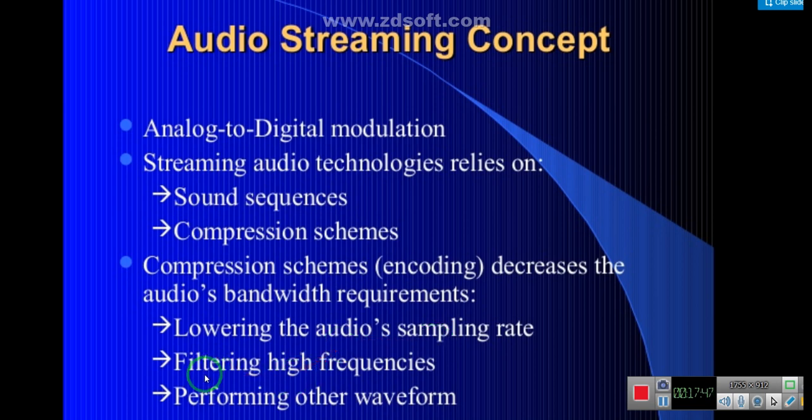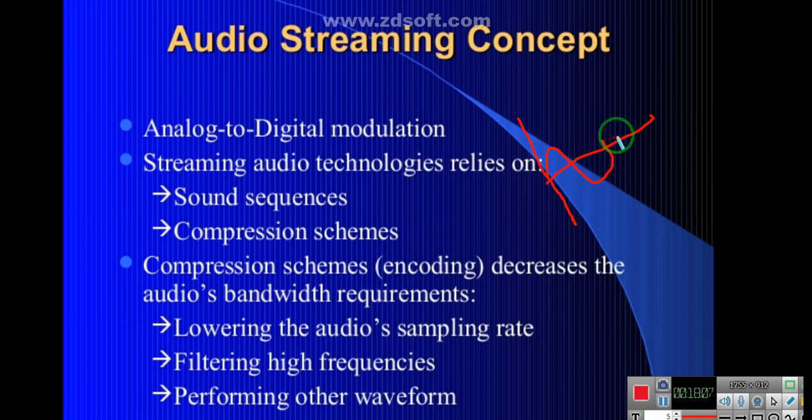Then we use filtering of high frequency. Filtering high frequency means you need to filter your sound, because in a sound you have a kind of distortion. Let's see, this is your sound.